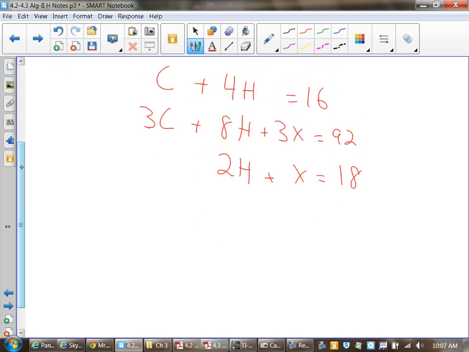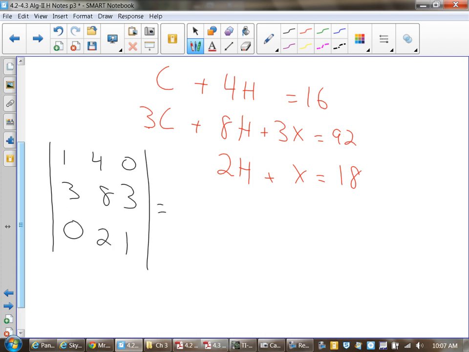Let's slide this up some. I find the determinant of 1, 4, 0, 3, 8, 3, 0, 2, 1. And when I find that determinant, you guys have calculators, right?